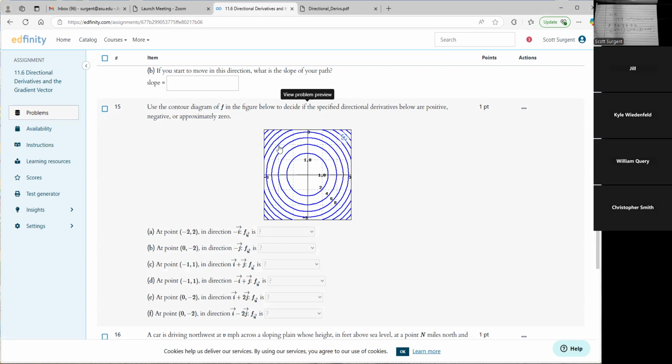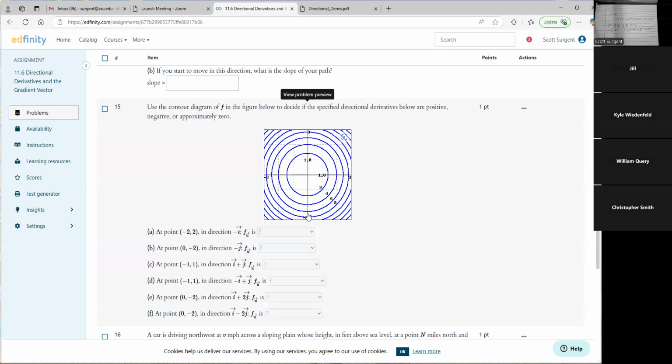Well, that's -1. So i is the x direction, j is the y direction. So I'm here and I go left, am I going up or down? You're going up on the contours, so that'll be positive. At (0, -2), that'll be here. Okay, and now I'm going negative j, so I'm going this way. So watch my finger.